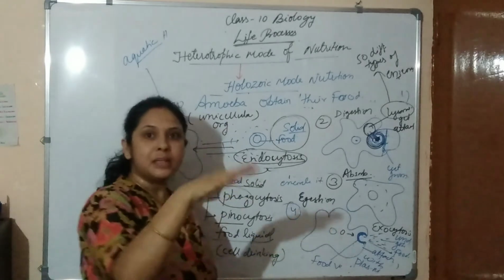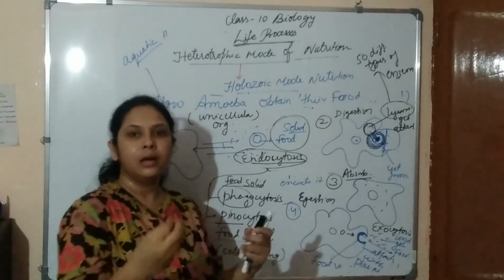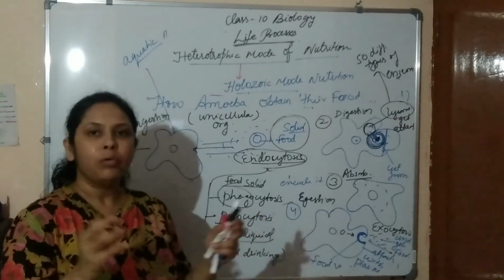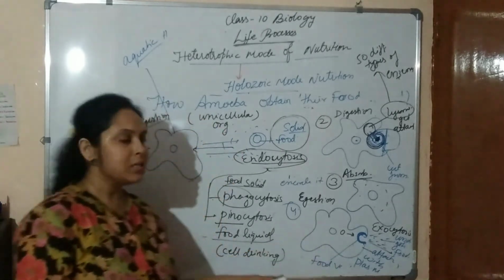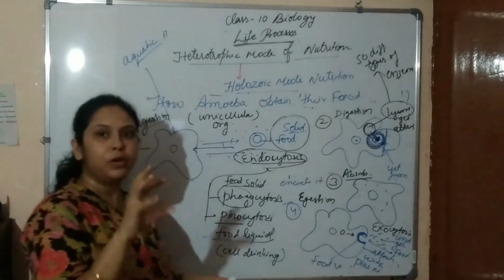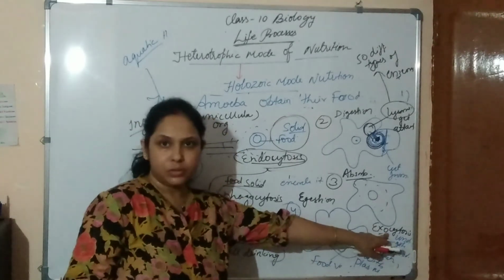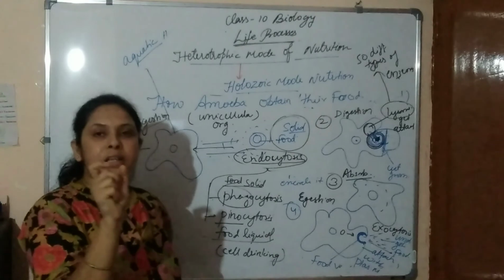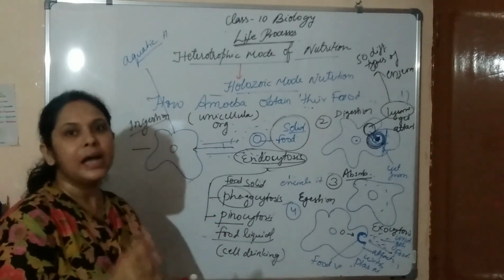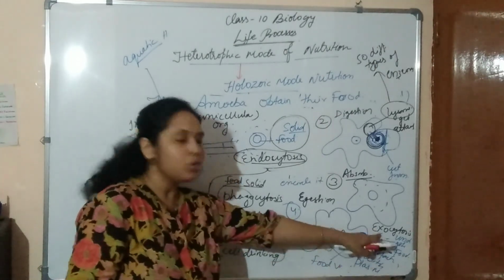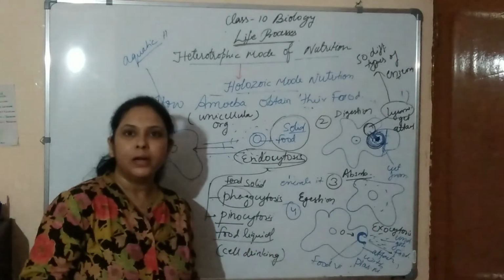And due to the cytoplasmic movement, these nutrients move all around the body of the amoeba. And lastly, there is the egestion process in which the amoeba removes undigested, unwanted food through exocytosis. Here the plasma membrane just opens up and bursts out the undigested food, and that is called exocytosis. So in this way, the amoeba obtains its food.